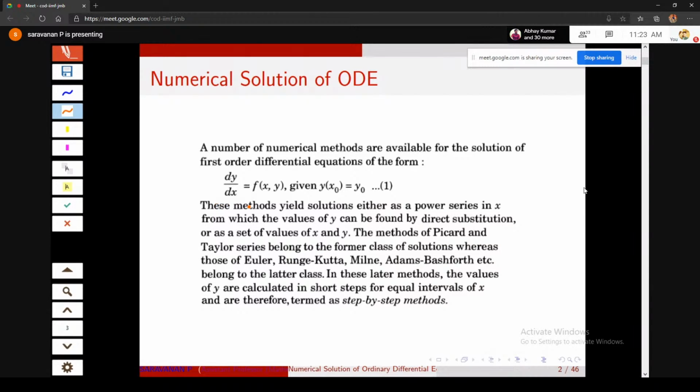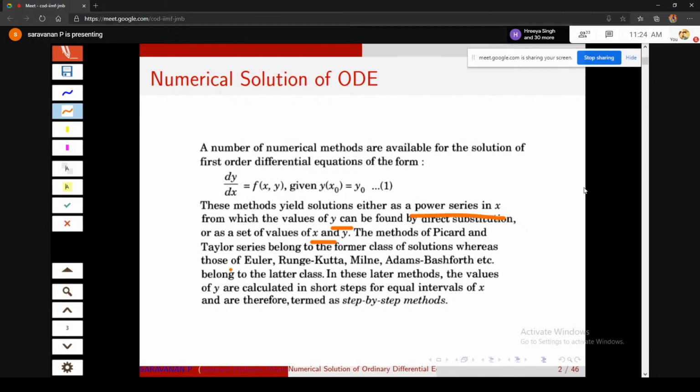These methods yield solution either as a power series in x, from which the values of y can be found by direct substitution. So we are seeing the different numerical methods. Some numerical methods give a series, and in that you substitute the particular values of x to get the y value.